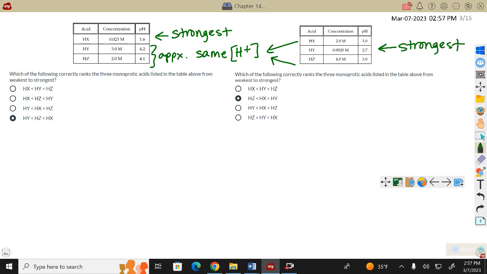On the right, it must be HZ. Again, the molarity had to be double from 2 to 4 molar, but yet if the pH was the same, I'm still getting the same amount of hydrogen. But I needed to double the concentration in order to get that amount of hydrogen. So on the right, HZ must have been the weakest, or the one that ionized the least.